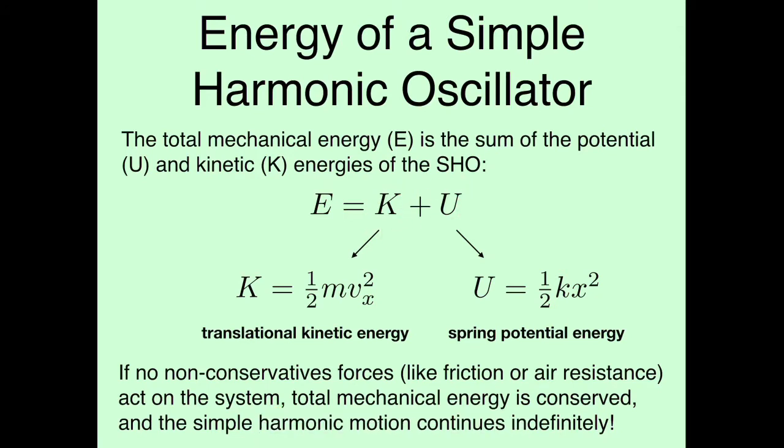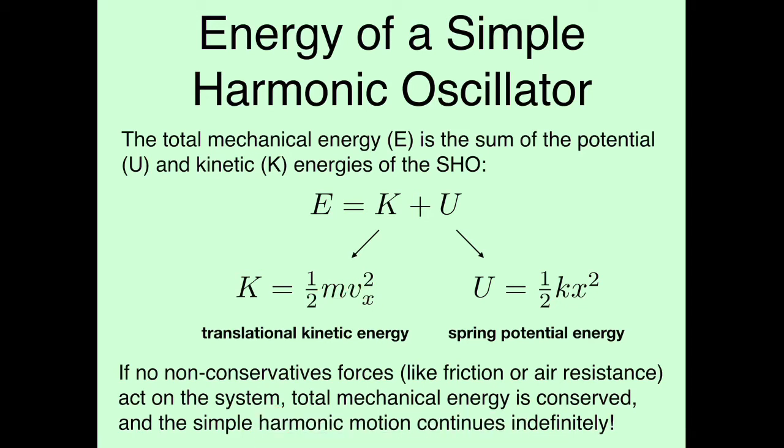Okay? Now remember, the kinetic energy has to do with the motion of the system. So in this case, we have a block that's moving back and forth with some velocity. The kinetic energy is going to be given by 1/2 mv squared, where m is the mass of the block and v is the velocity of the block.